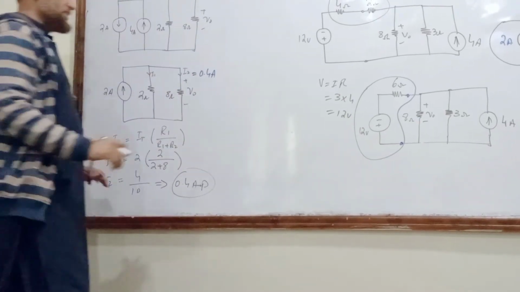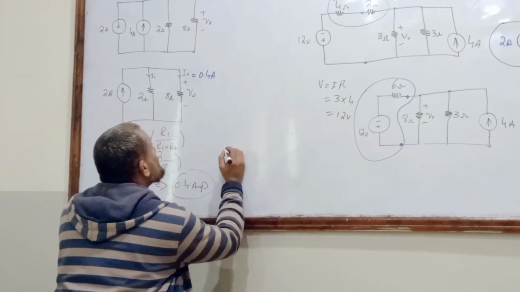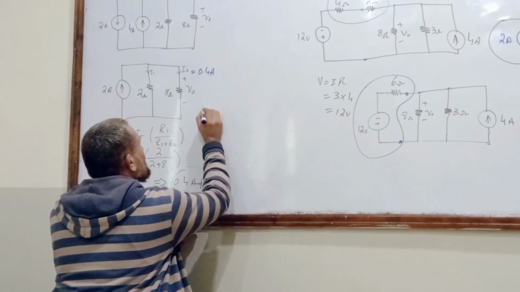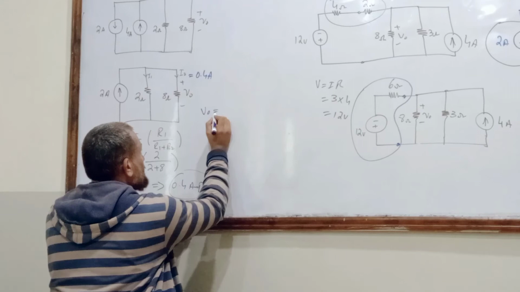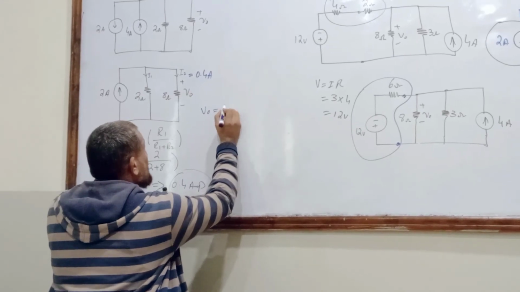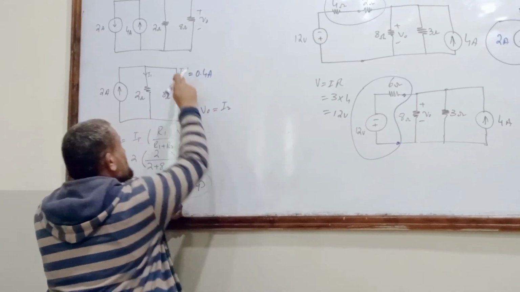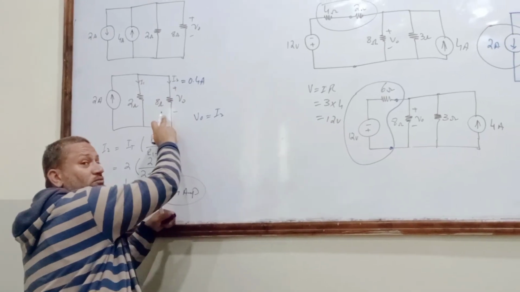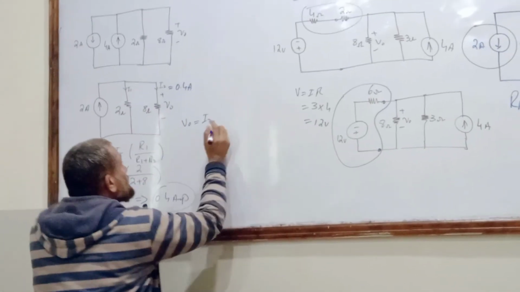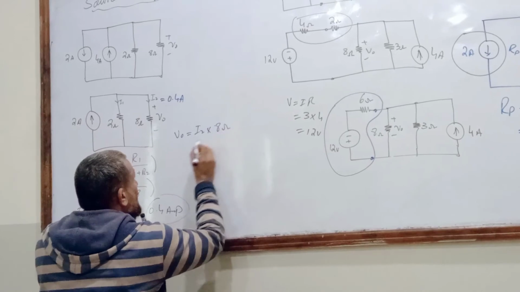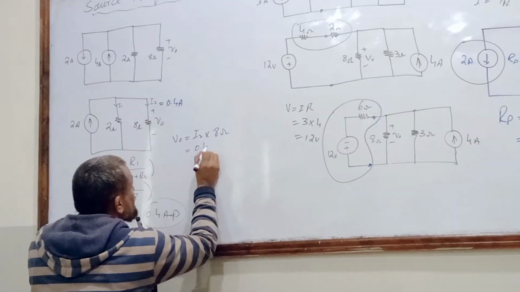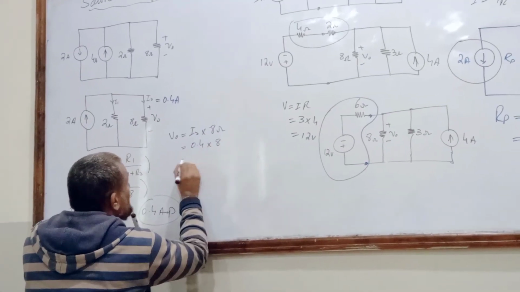How much is V naught? V naught is equal to I2, because this is the current flowing through this 8 ohm resistor, I2 into 8 ohm. Understand? How much? 0.4 into 8. How much is this one?